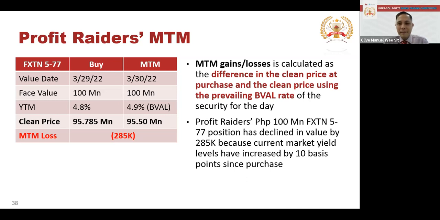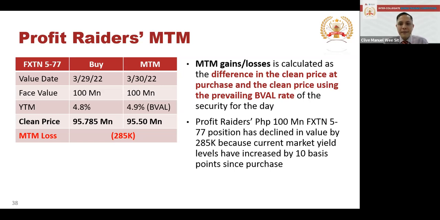So for this competition, we did not specify any limits because we want you to experience the pain. Pain talaga. I mean, we now allow you as a team to set your own limits. Na, you set your cut loss limits so that your loss will not run.